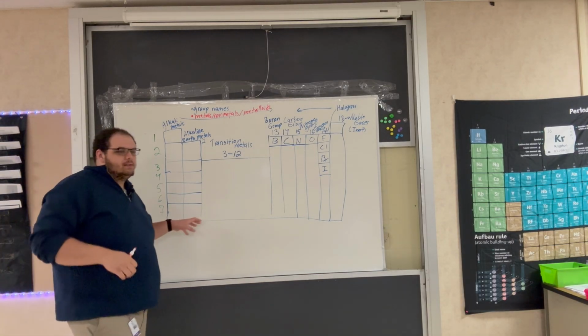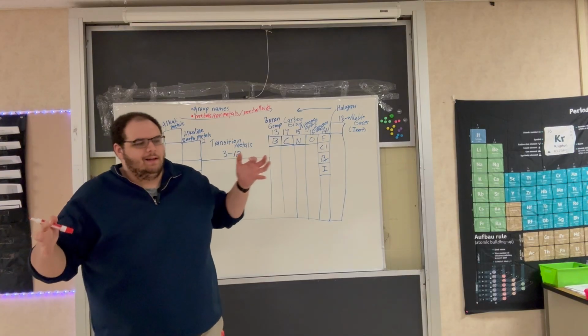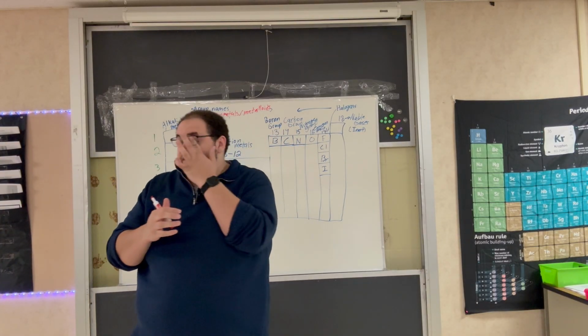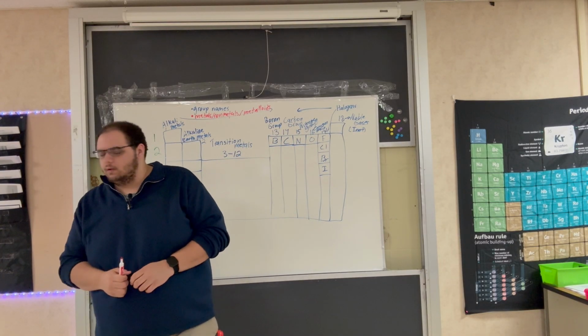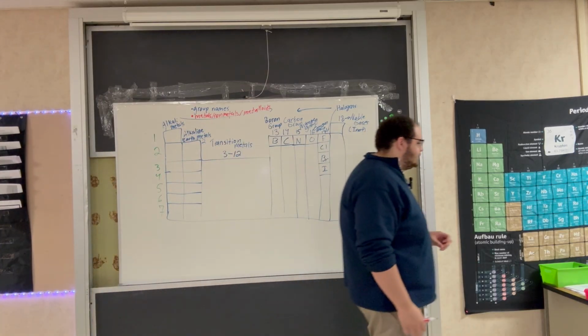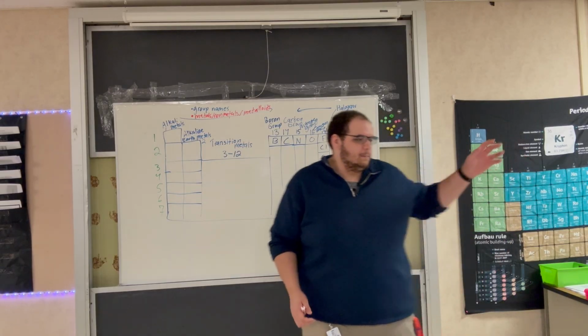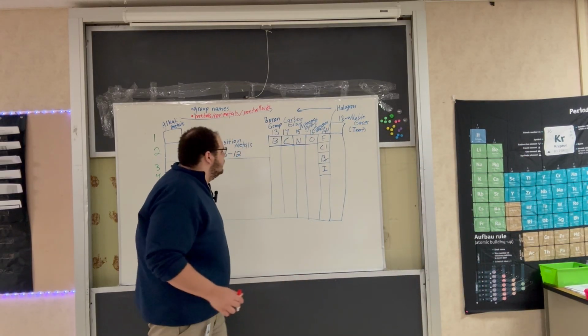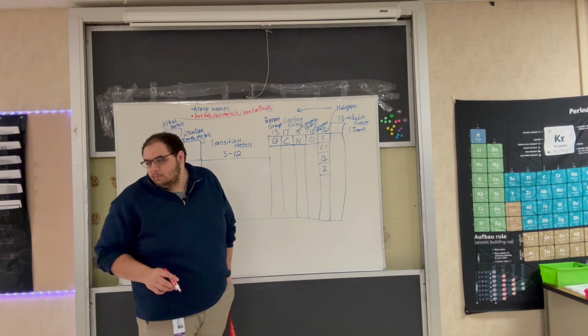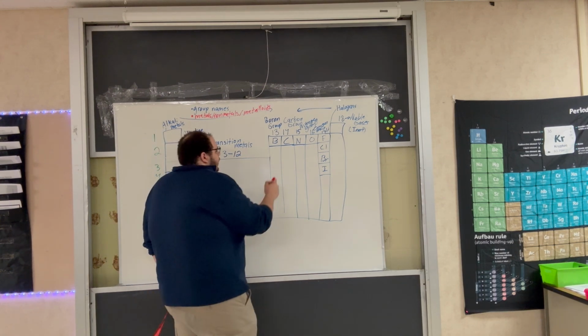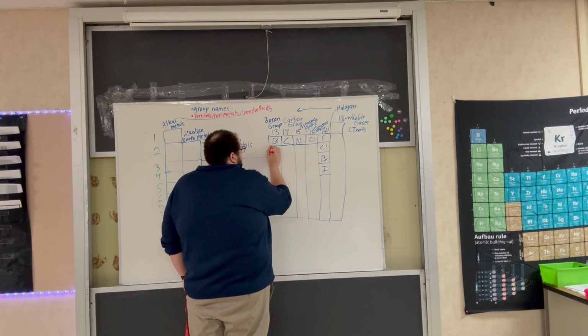We have metals, nonmetals, and those things in between. Those things in between, we call metalloids. Metalloids are exactly in the middle. We use them to differentiate between the metals and the nonmetals. I'm going to start with the metalloids because it will make your life easier. Have you ever heard the term the metalloid staircase?